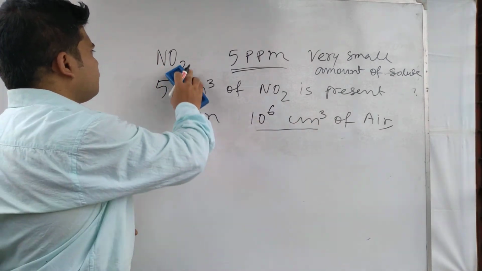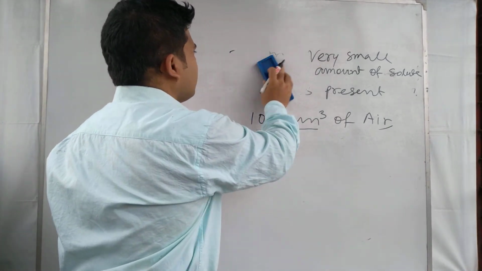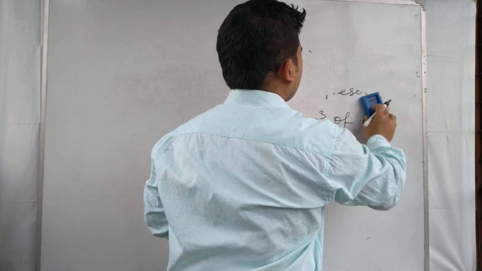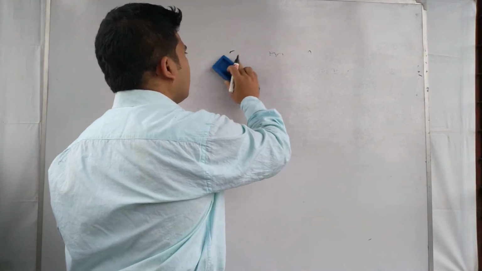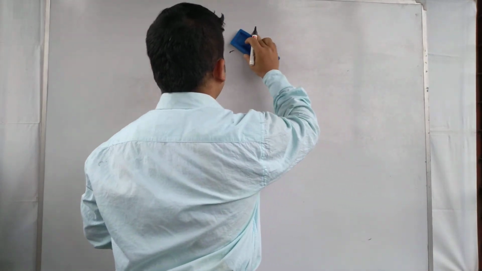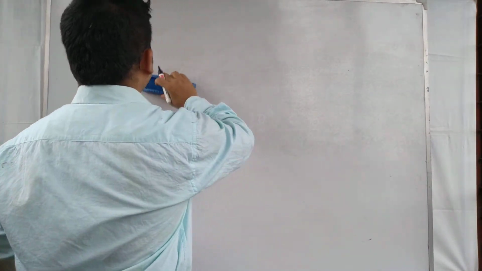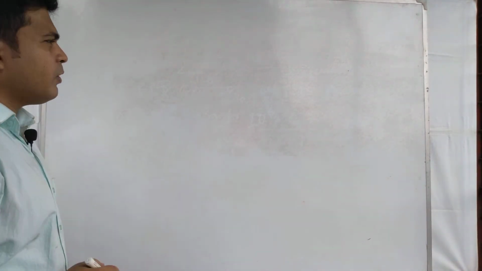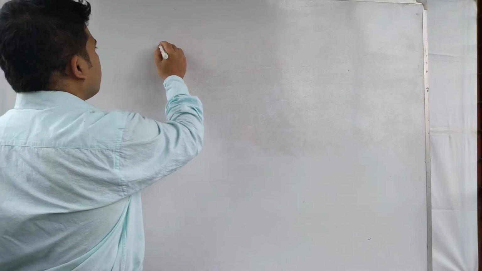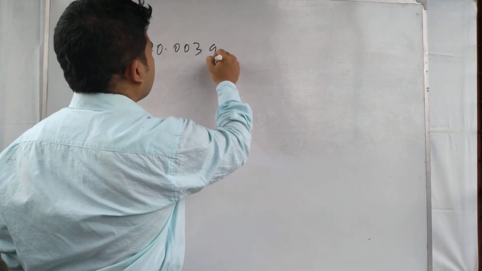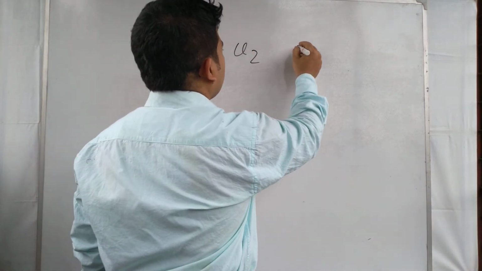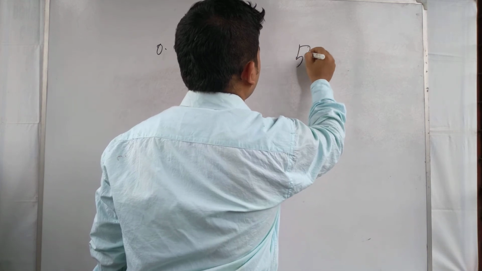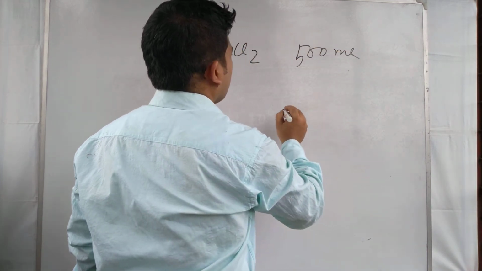Now if we express this concentration in mass percentage, what will be the difference? Which one is more useful, mass percentage or ppm? Suppose 0.003 gram Cl2 is dissolved in 500 ml of water.